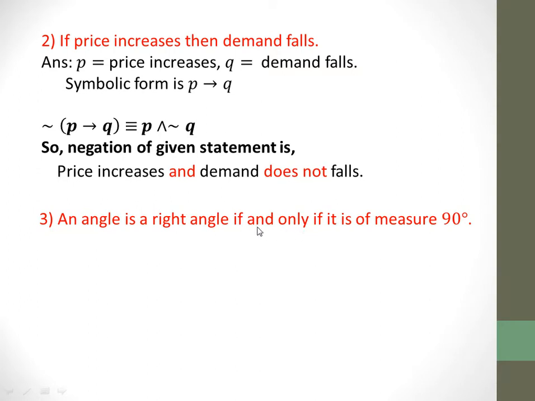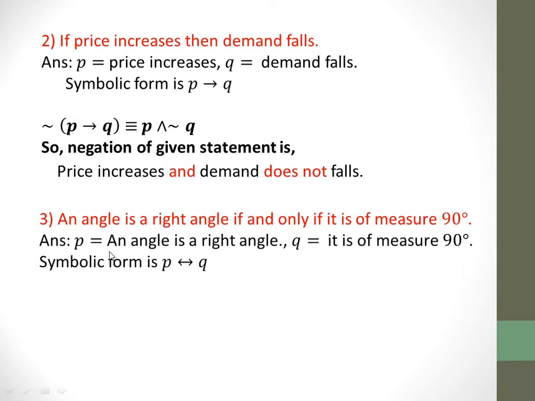First of all we select P as an angle is a right angle and Q as it is of measure 90 degrees. So the symbolic form is P double implies Q. Now we have to form the negation of this double implication. The rule of negation of double implication is like this.